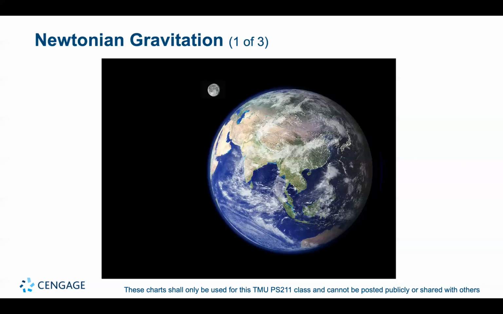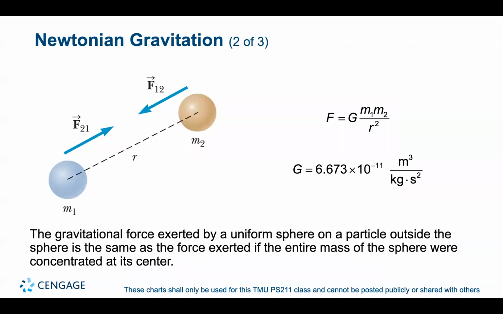In 1687, Newton published his work on the law of universal gravitation. An important find, and here we get a chance to look at it a little bit more. In the figure, the gravitational force between two particles is attractive and acts along the line joining the particles. Note that according to Newton's third law, F12 is equal to minus F21.